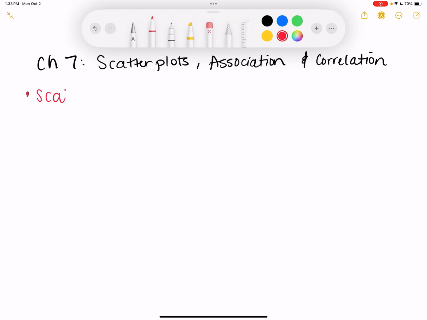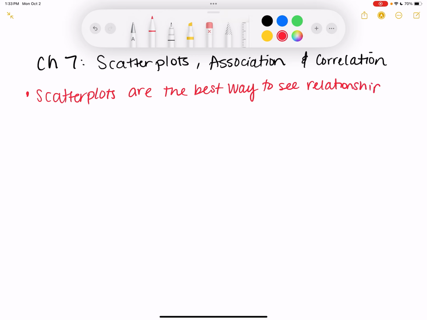So scatterplots are the best way to see relationships in data. Look for possible association.